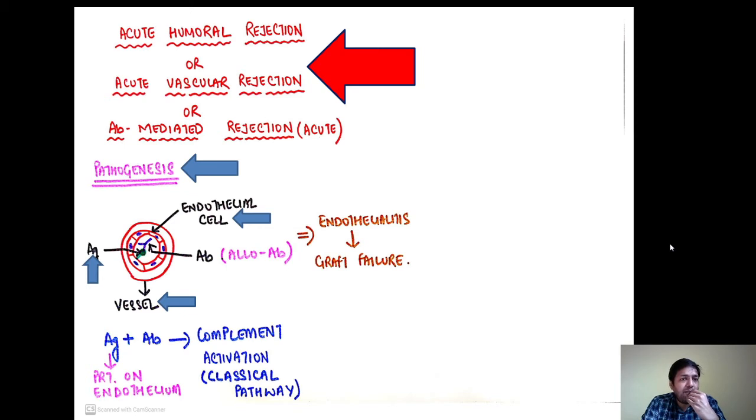Okay, and the antibody, which is an alloantibody, recognizes these antigens. They will go and combine with the antigen and will lead to endothelialitis, that is inflammation of the vessel wall, which will lead to graft failure. So here again, the antigen which is present on the endothelium will combine with the antibody and will lead to complement activation by the classical pathway.